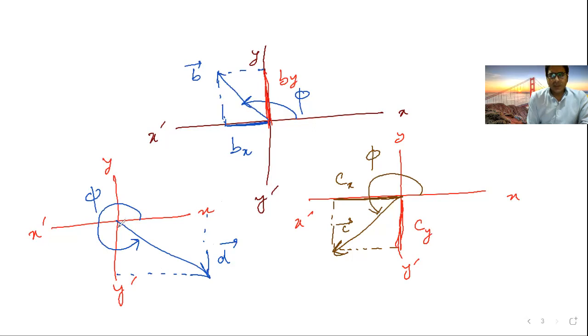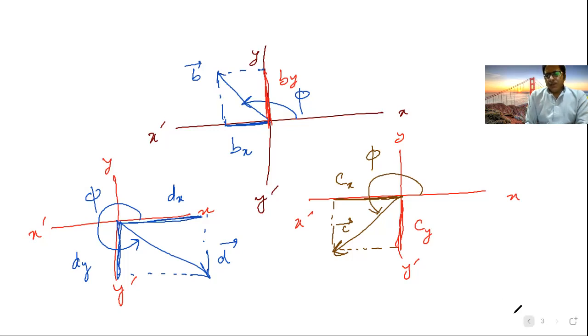So this length is your dy, and this length is your dx. So see, if vector lies in fourth quadrant, its x component is positive, y is negative. So components are just lengths. They can be positive, they can be negative, they are scalars, right?